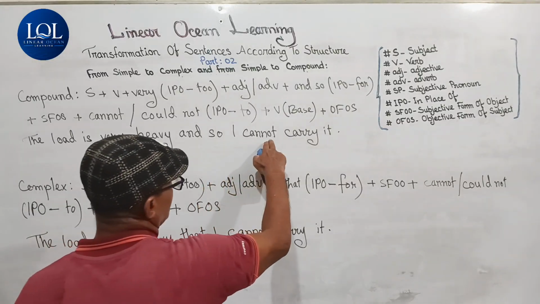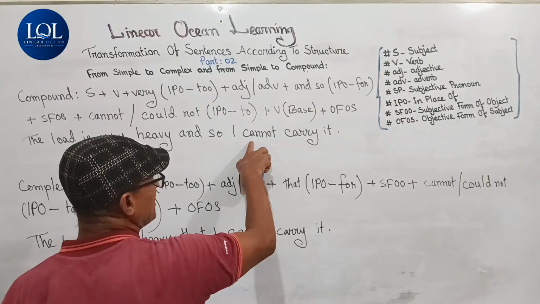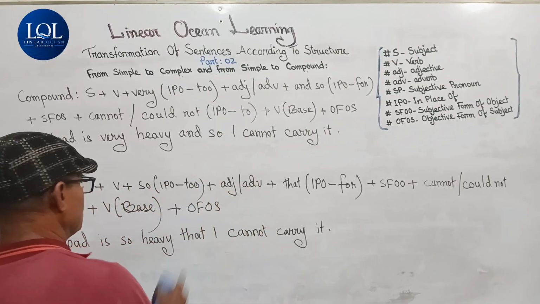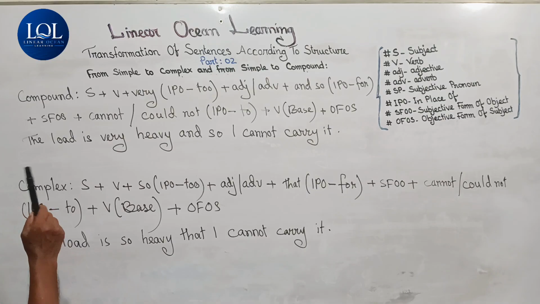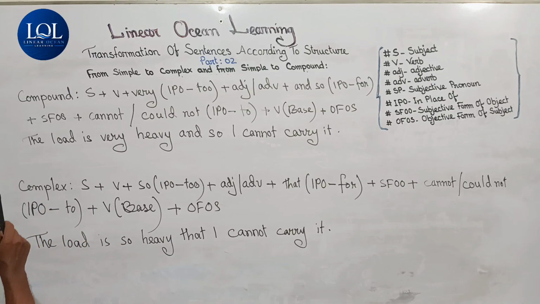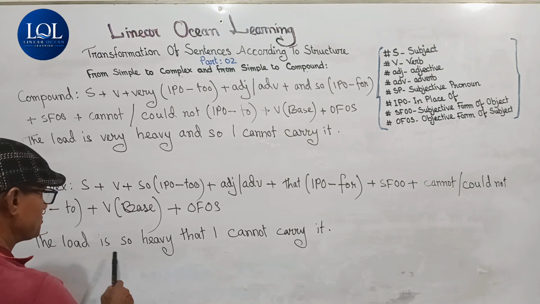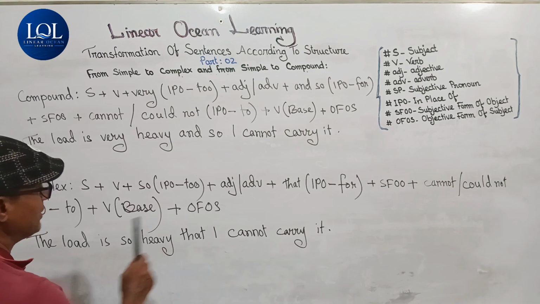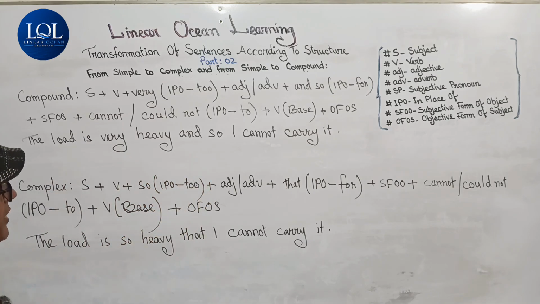And cannot, can't, not is coming together with can. So: the load is too heavy for me to carry, and its complex one is the load is so heavy that I cannot carry it, and its compound one is the load is very heavy and so I cannot carry it.